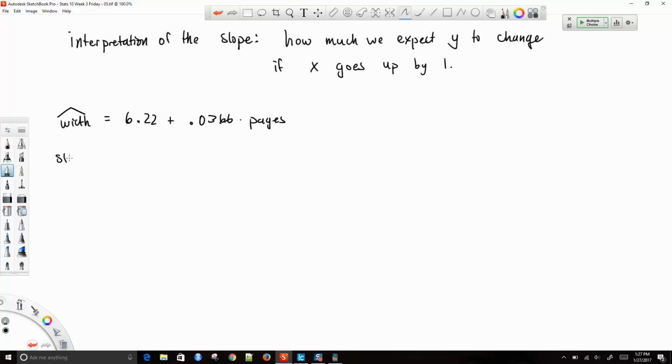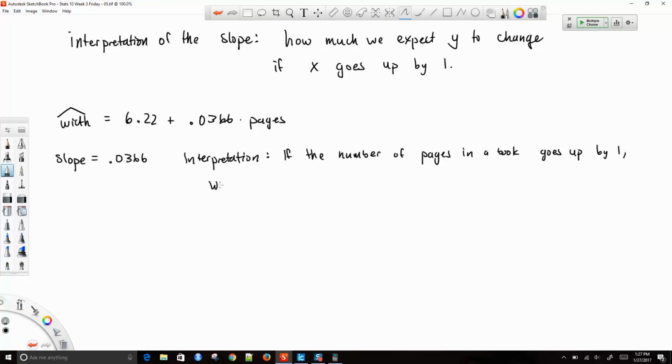Our slope is 0.0366, and the interpretation in this context is that if the number of pages in the book goes up by 1, we predict the width to increase 0.0366 millimeters.